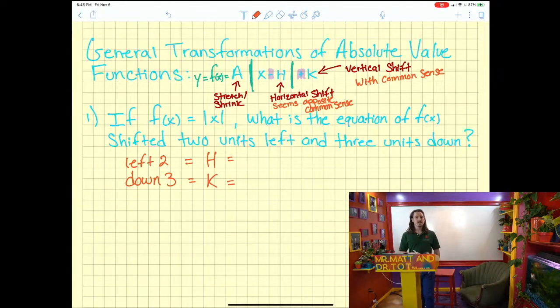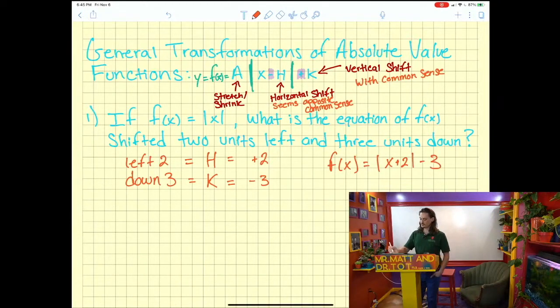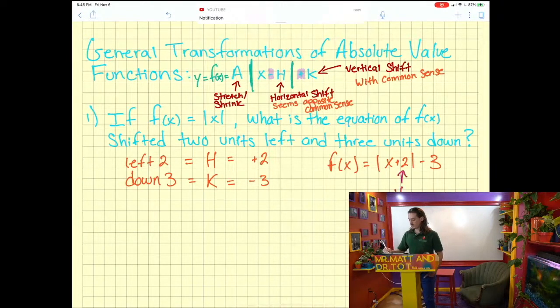So if you're going left 2, that normally on the x-axis would mean negative 2, but it's opposite common sense, so this is going to be plus 2. K goes with common sense, so if we're going down 3, it's going to be minus 3. So our function here would be f of x equals the absolute value of x plus 2, quantity, minus 3. We have our h value right here, and we have our k value right here.